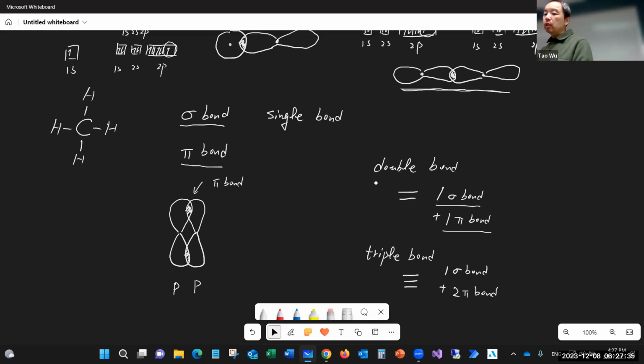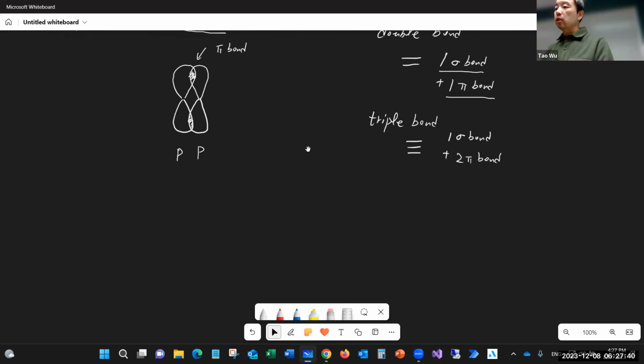Okay, so generally, how does the exam test this? They probably give you a structure like this, and then they ask you how many pi bonds it has and how many sigma bonds it has.